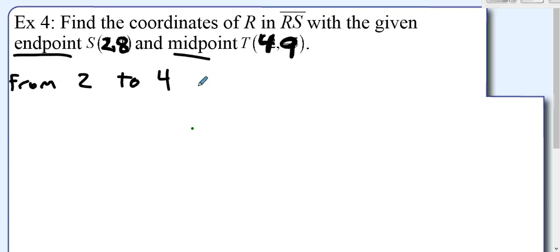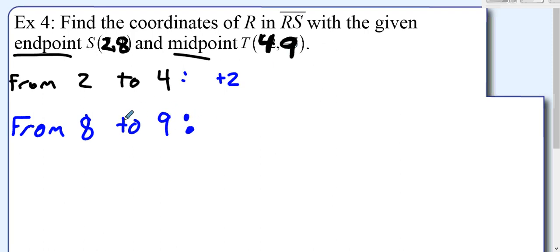Mathematically, +2. We're only looking to add, subtract, so we're just going to add 2. We're going to do the same thing for the y coordinates. To go from 8, from the endpoint to the midpoint, 9. To get from 8 to 9, what do we have to add or subtract?